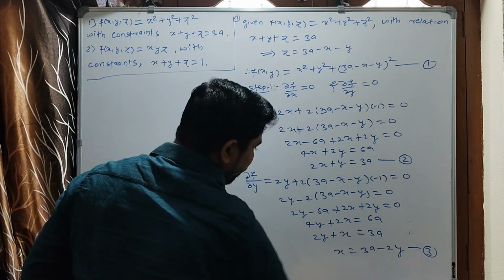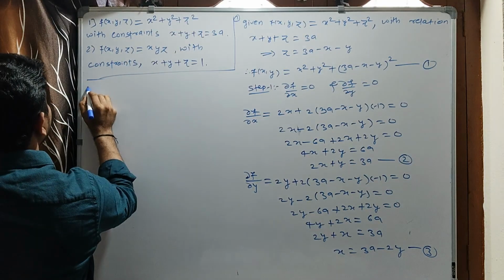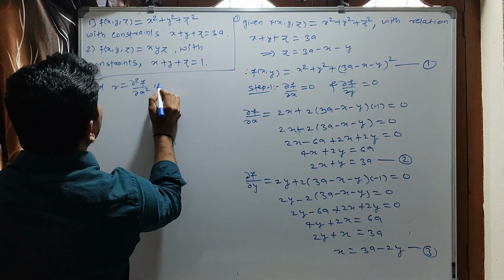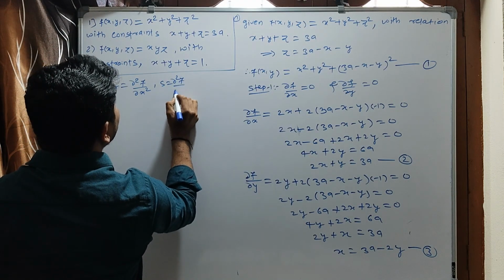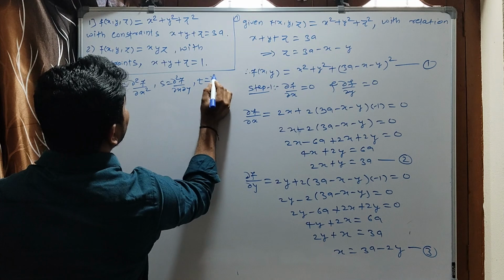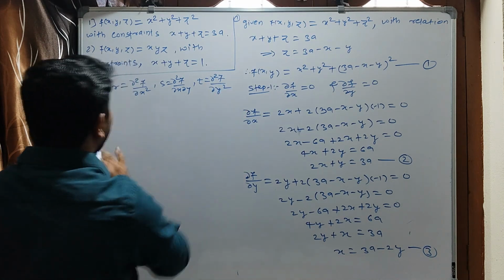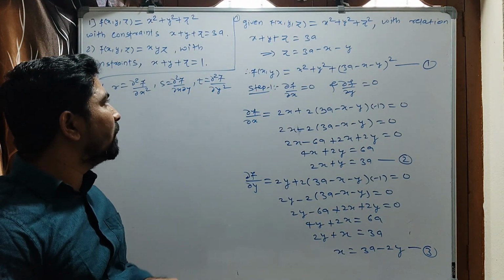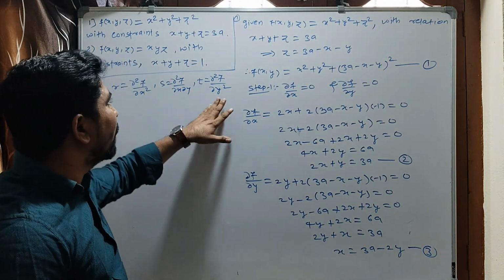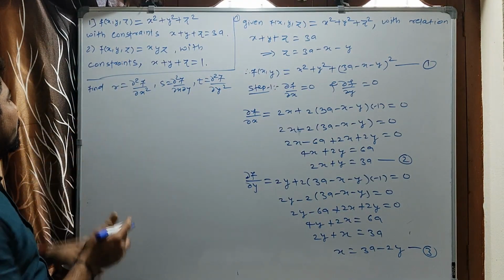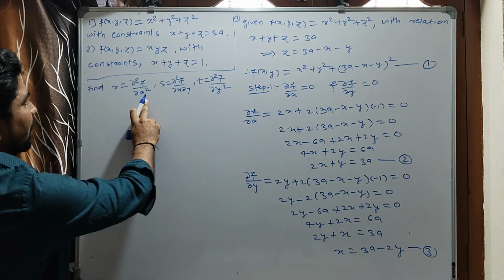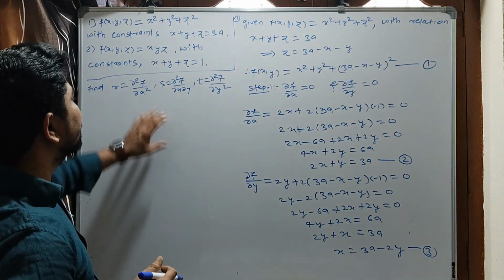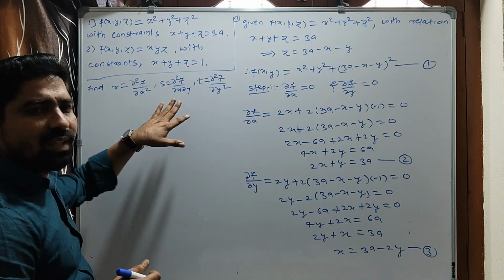Now I want to find r, s, t. R equal to ∂²f/∂x², S equal to ∂²f/∂x∂y, and T equal to ∂²f/∂y². These represent the curvature along the x direction, the curvature along the y direction, and the twisting of my surface along the x and y direction.